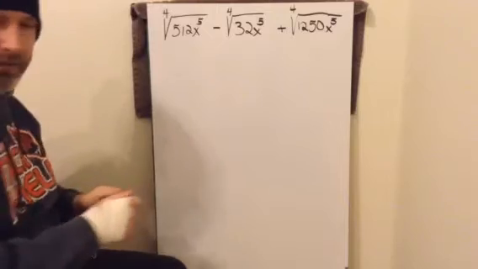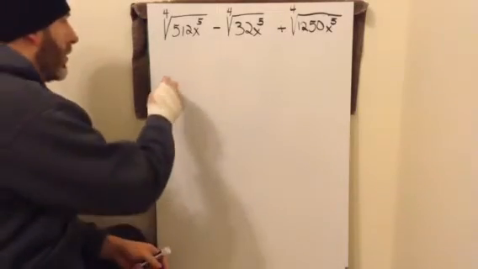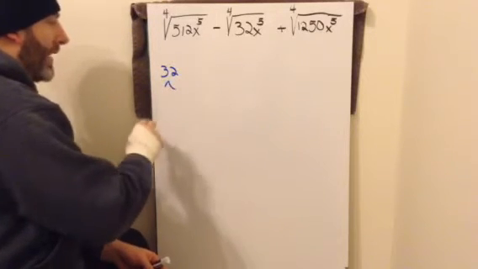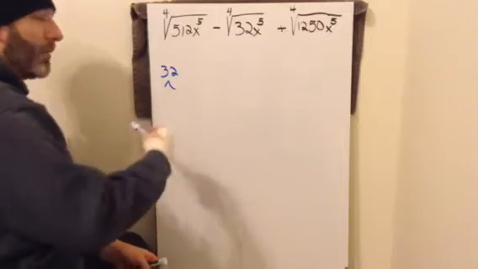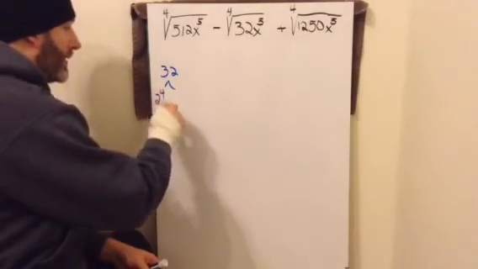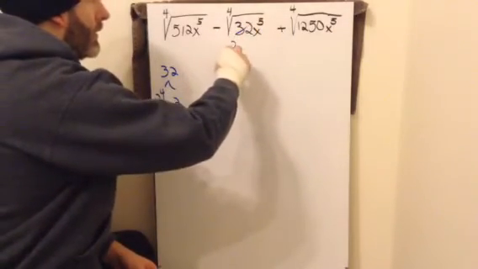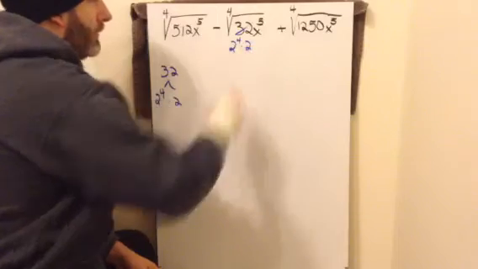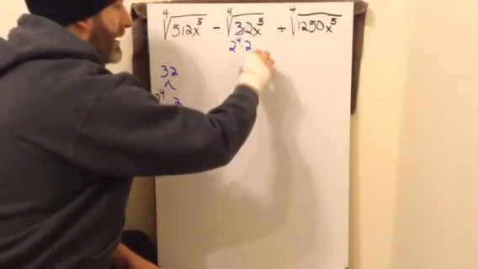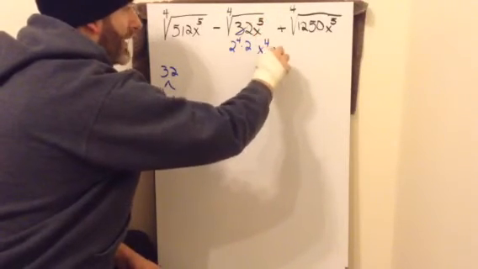Okay, so 32. I know if I have 32, if I divide by 2 to the 4th, which is 16, again, recognition of what these are helps. So 32 is 2 to the 4th times 2. Now, x to the 5th, I can break it down in terms of that index, so this becomes x to the 4th times x.